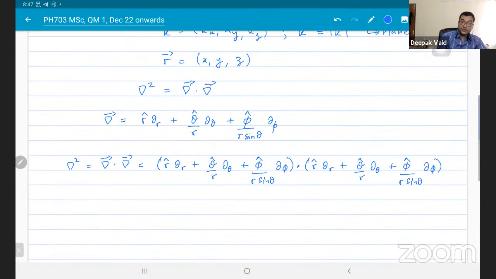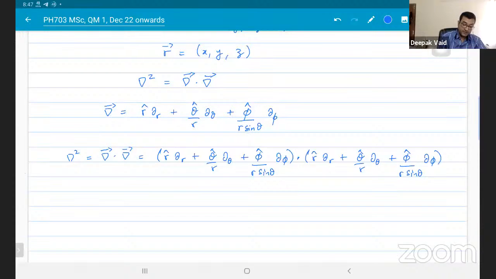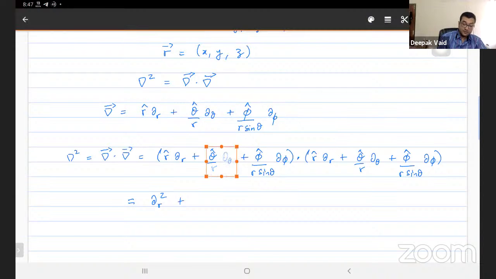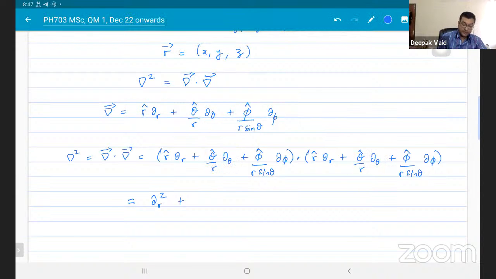Okay, so you're taking the dot product of this operator with itself. When you do that, what will happen? r hat and r hat will give you 1 and you'll get dou r. Theta hat and theta hat will give you 1. And now you see this is dou theta by r acting on dou theta by r.